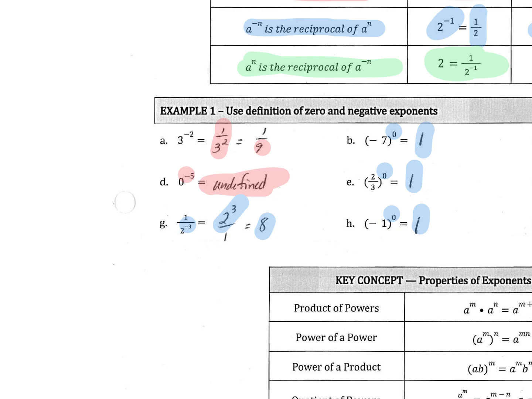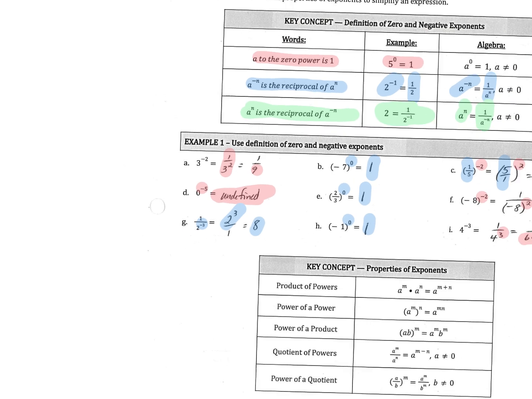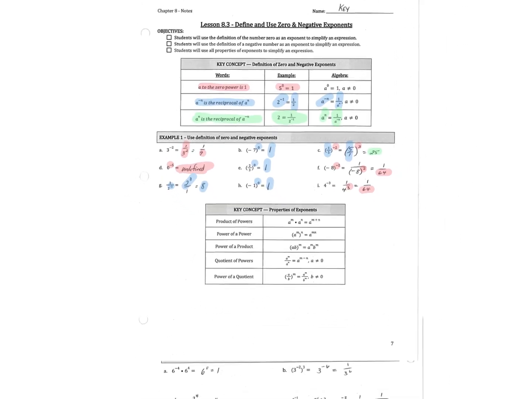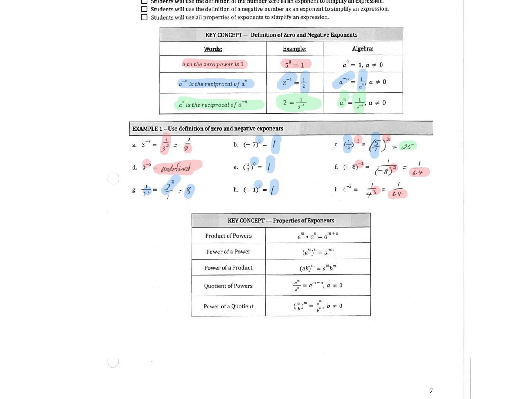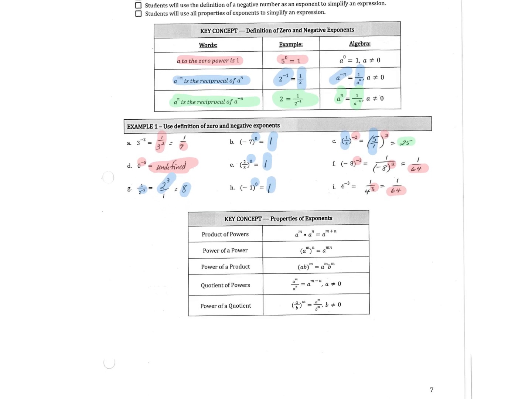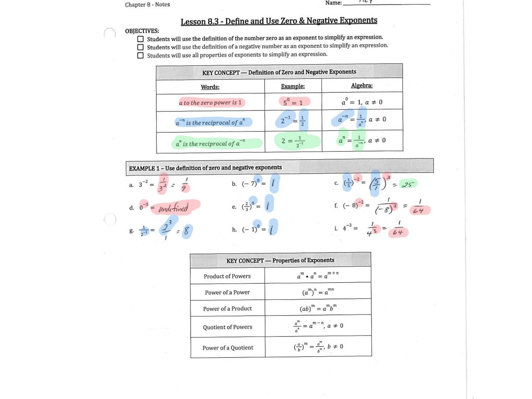So that's a summary of how we can use all of our exponent properties when it comes to 0 and negative exponents.